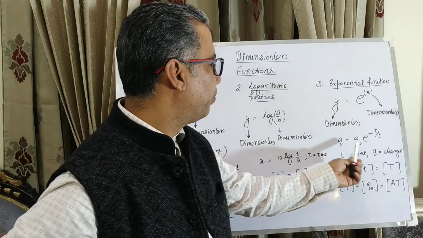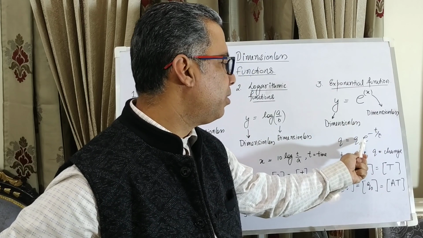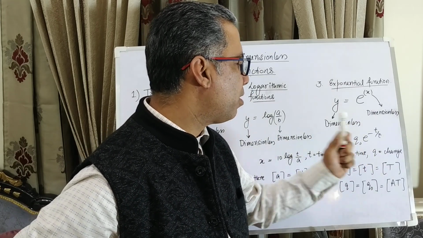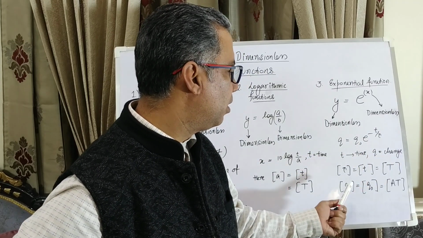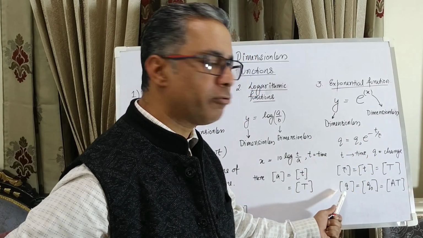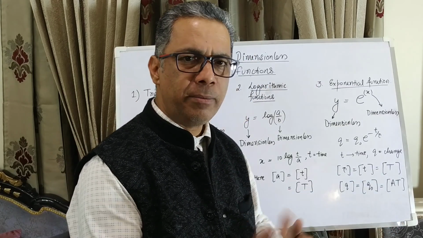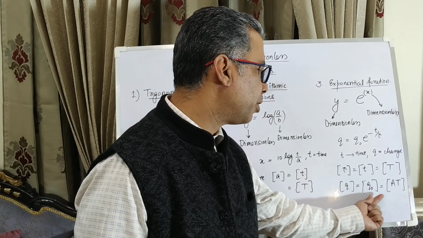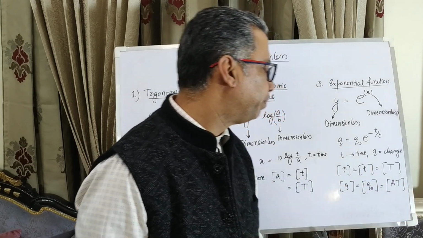Also because the exponential function is dimensionless, q and q naught have the same dimensions, and q is charge, so q naught also has dimensions of charge. Charge is current into time, and therefore dimensions for charge are ampere into time, AT.